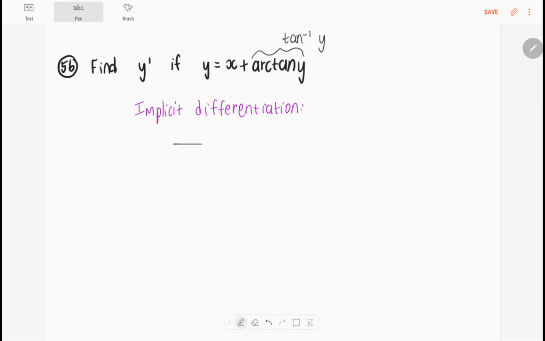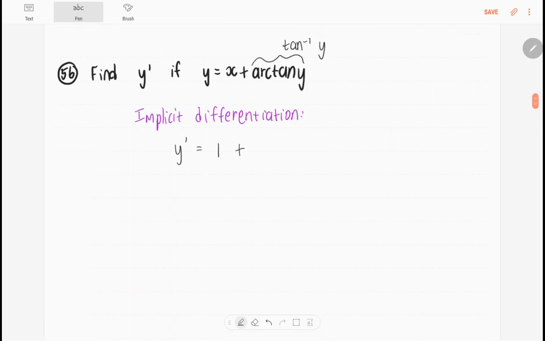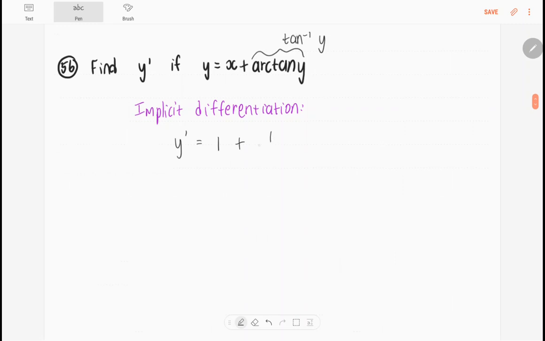On the left-hand side, we get y prime. On the right-hand side, it's going to be the derivative of x with respect to x, that's just 1. And then we have the derivative of arctan or inverse tan of y, which is just 1 over 1 plus y squared. Remember, we're not done since y is a function of x. Therefore, we still have to use the chain rule and multiply by y prime.